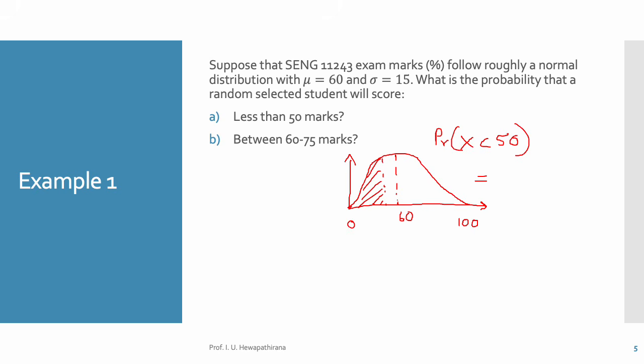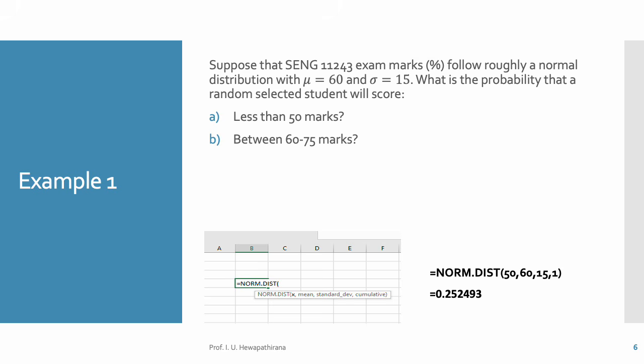Now to calculate normal probabilities, we have an Excel function called the norm.dist function. The parameters of this function are X, the value, mean, standard deviation, and whether this is a cumulative probability or not.